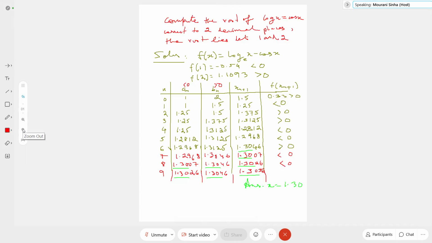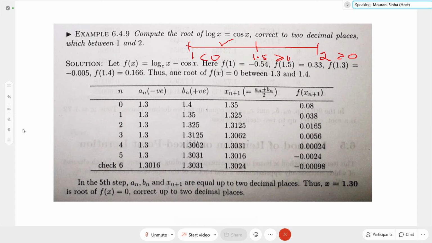We started with 1 and 2 because it was given that the root lies between 1 and 2. And in 9 steps, we completed. Okay. And they have taken also 6 steps, and there was initial calculation also actually. So time wise, not much difference. So you can shorten the interval at the beginning if you wish. Otherwise, no need, you can proceed.